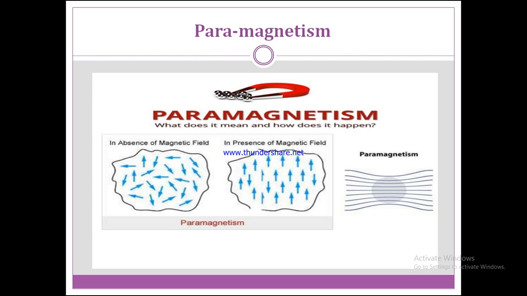However, because the dipoles do not interact, extremely large magnetic fields are required to align all the dipoles. In addition, the effect is lost as soon as the magnetic field is removed. When we remove that magnetic field, again the magnetic dipoles are dispersed and become random in direction.